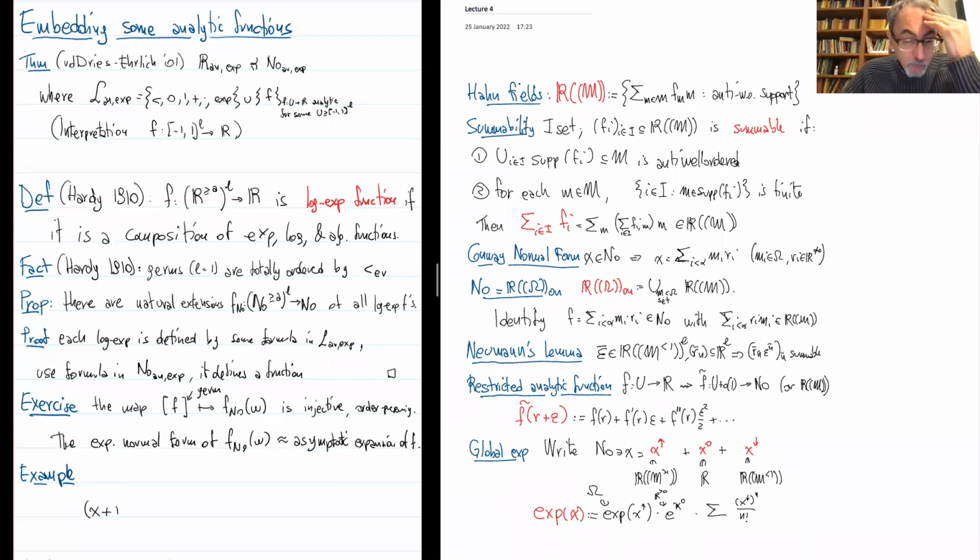Take this function. Sorry, Vincenzo, is f a log x function or a definable function? What is it, f? Oh, okay. Sorry. At this stage, I only wanted to say log x function.